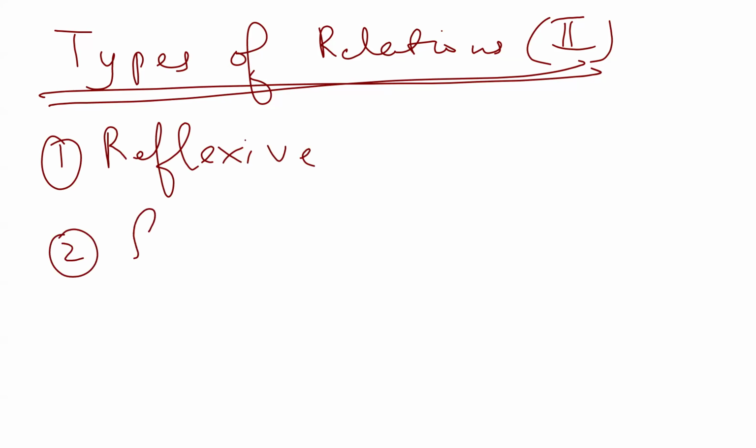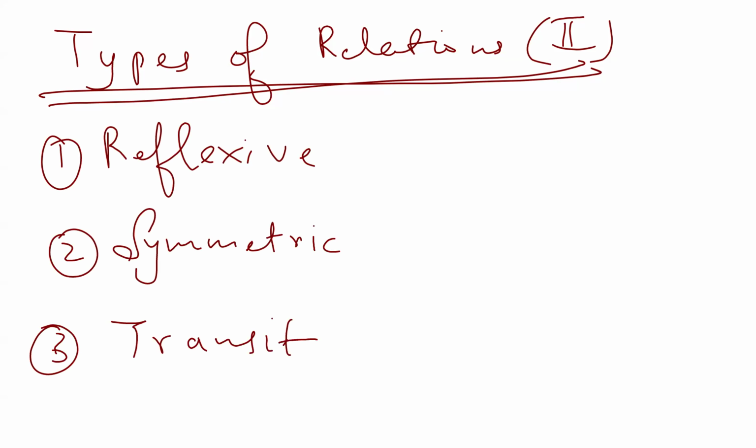Second is symmetric. And third thing is transitive. Reflexive, symmetric, and transitive. Okay.